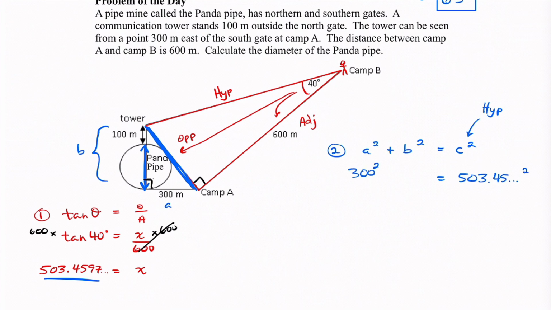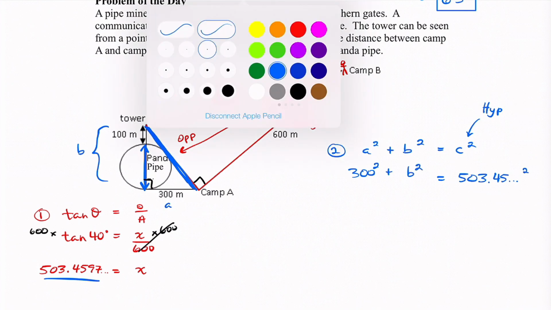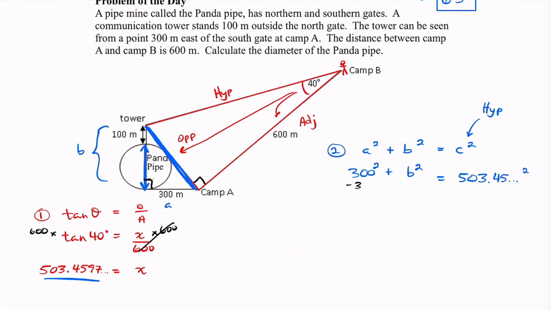So I got 300 squared plus b squared. To solve that, we got to get rid of that 300 squared, so let's minus 300 squared from both sides. Those will cancel, and I get b squared is equal to 503.45 dot, dot, dot squared minus 300 squared. The last thing we got to do is get rid of the square.